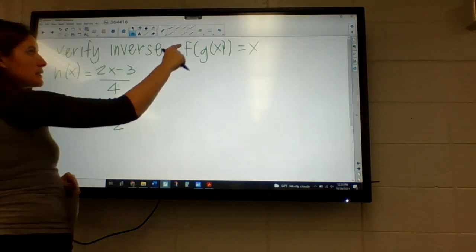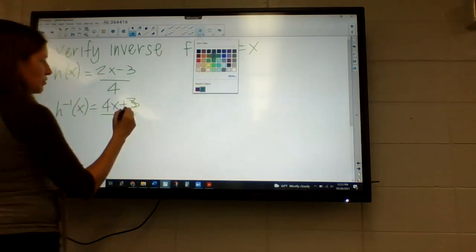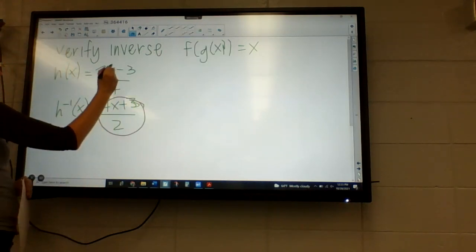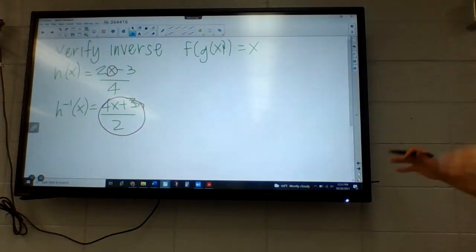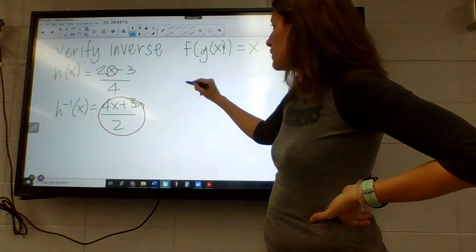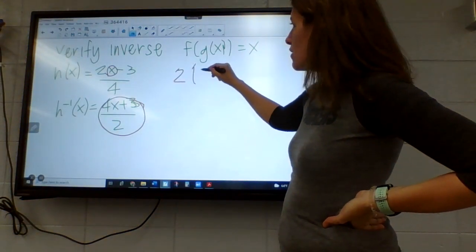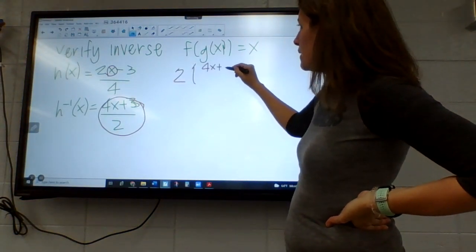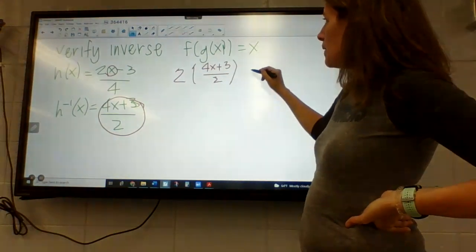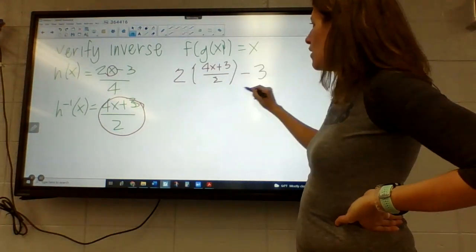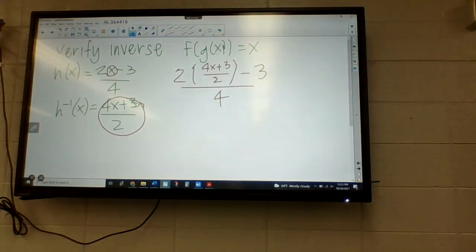Where you see x, I'm going to substitute this in place of that x. Now this one's a little bit complicated because of the fractions, but it doesn't hurt for us to try. So 2 times 4x plus 3 all over 2, minus 3 over 4. So I put that other function into it.